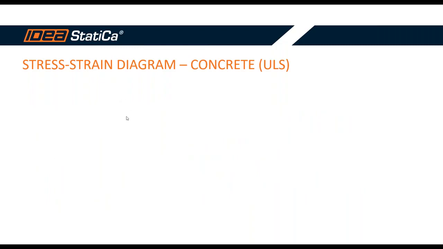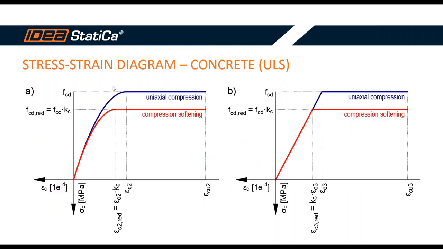So as I promised, I would like to talk more about stress-strain diagrams. When we deal with concrete, we need to distinguish between ULS and SLS checks. If the concrete is in ultimate limit state, we calculate with a parabolic stress-strain diagram or a bilinear diagram. It depends on which the user wants to use.